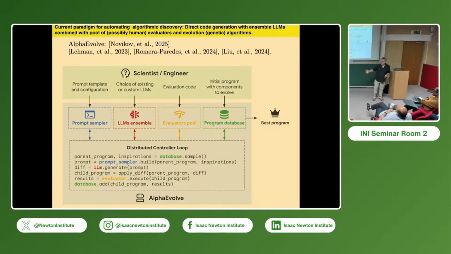So the idea is that instead of having one ChatGPT, you have 1,000 of them. You give it a problem to produce an algorithm for. So you have 1,000 large language models that will produce an algorithm, actually a Python code, to solve your problem. Then you have human or non-human evaluators that will evaluate this thing. And then you keep some of them and you kill some of them.